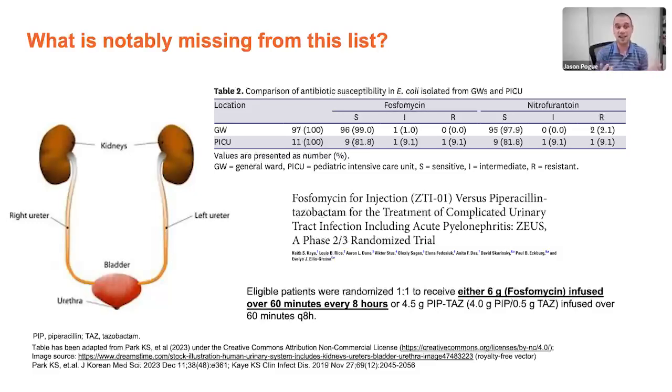So if you saw that list, there's kind of like an elephant, right? You notice what I didn't talk about was a drug we commonly think about for urinary tract infections, which is nitrofurantoin. And I also didn't talk about oral fosfomycin. And that might on the surface seem a little bit odd because when you talk about E. coli, which is still our number one pathogen, and even ESBL producing E. coli, nitrofurantoin and fosfomycin retain great in vitro activity.